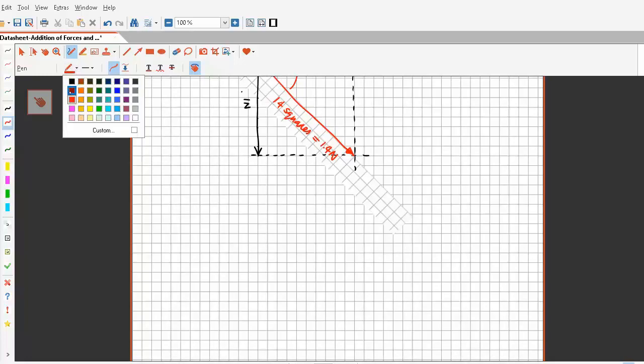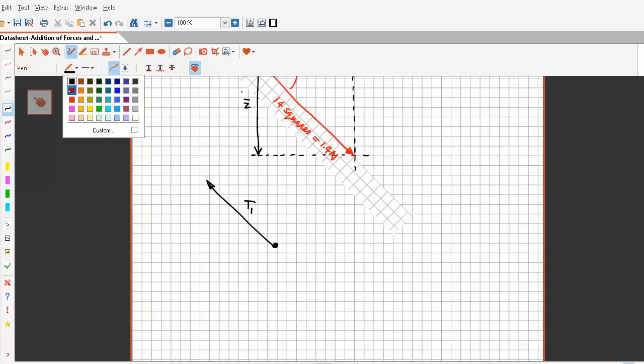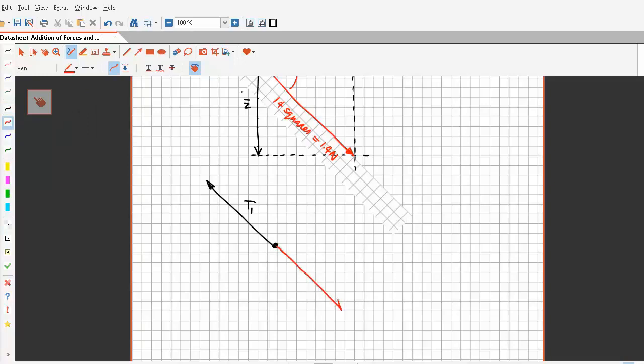So just to clarify, the angled string will be like so, and that's represented by T1 in our previous diagram. And what we've done, we replaced the two forces by a single 1.4 Newton resultant.